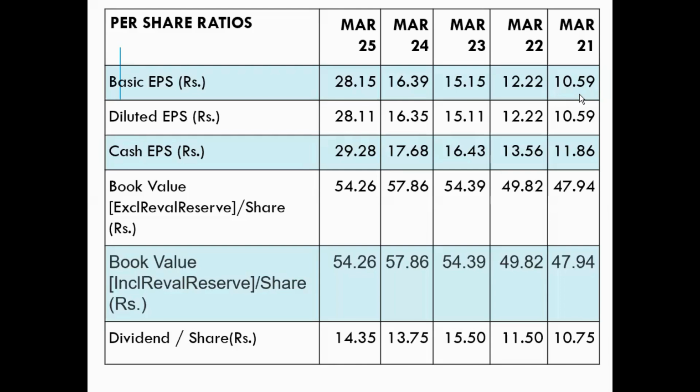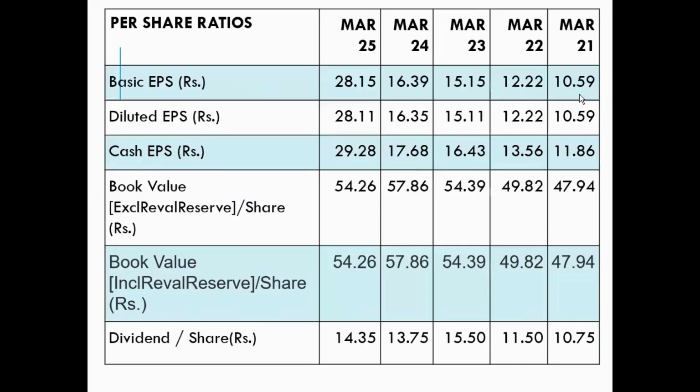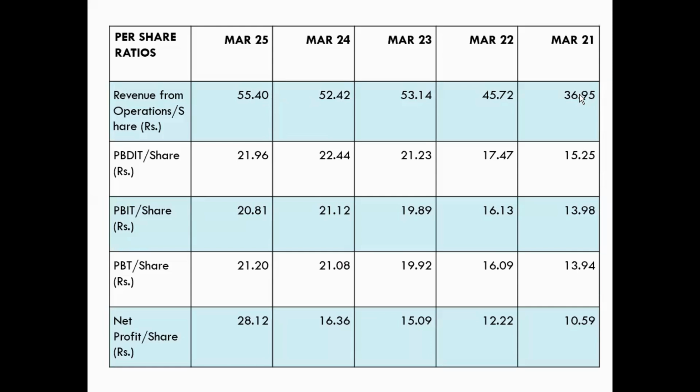Dividend per share is 14.39, 13.75, 15.50, 11.50, and 10.75. These are some per share ratios.